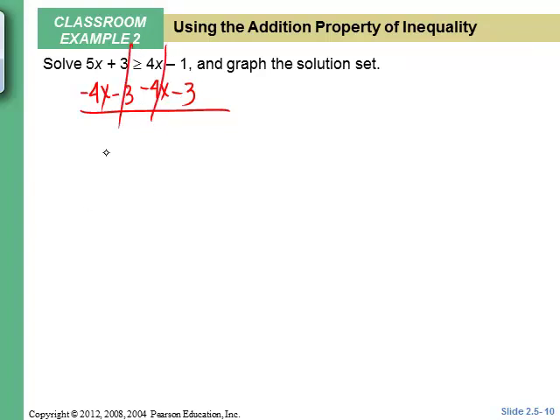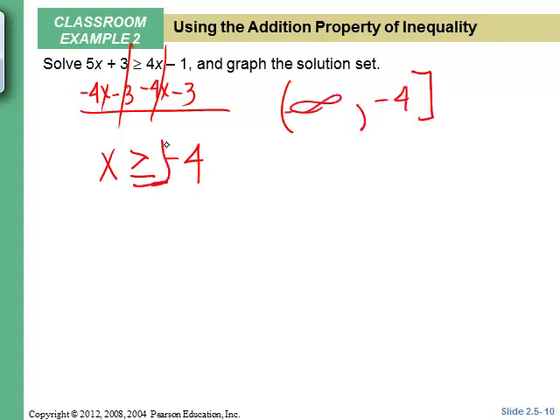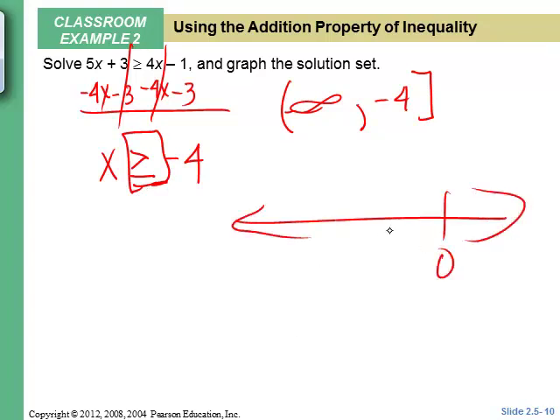So we have 5x minus 4x is x is greater than or equal to negative 1 minus 3 more is negative 4. Interval notation is negative infinity, comma, negative 4, bracket, because it's equal to. We would put it on a number line. Here's 0, here's negative 4, bracket going this direction.